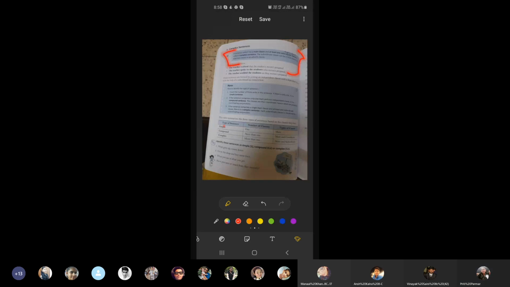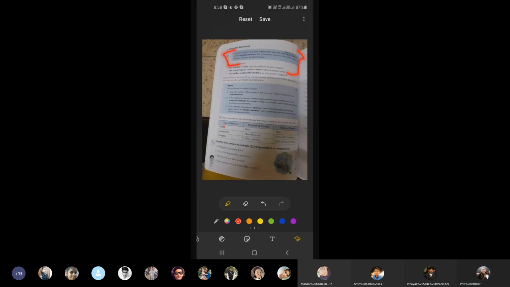Clear? Now these sentences are formed by joining an independent clause with a dependent clause with the help of subordinate conjunctions. So they are not complete by themselves. They need a subordinate.